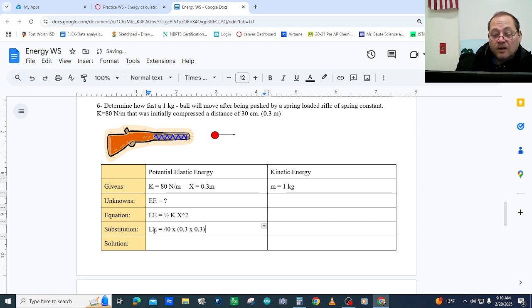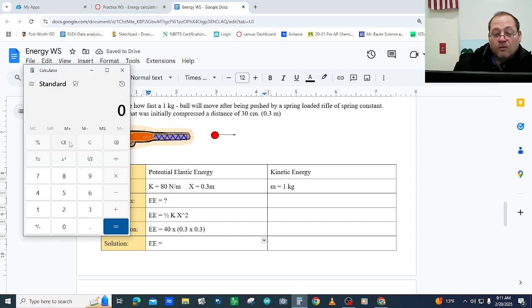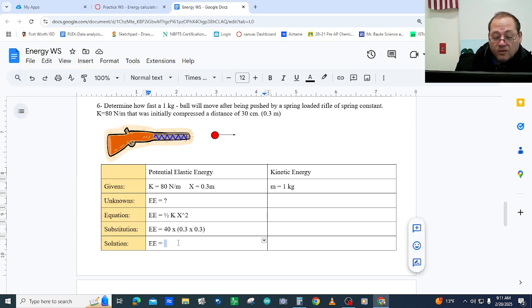Multiplying these numbers together, 0.3 times itself is 0.09, times 40 is 3.6. So we have 3.6 joules stored in the spring.